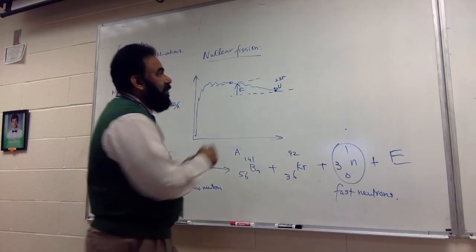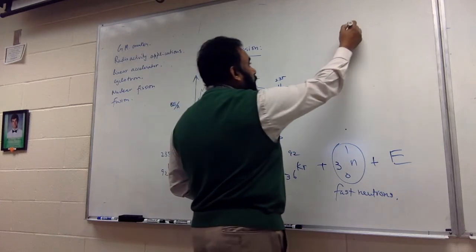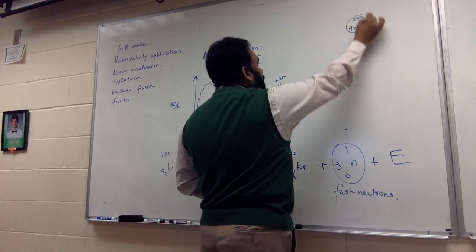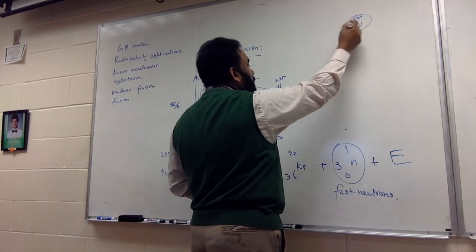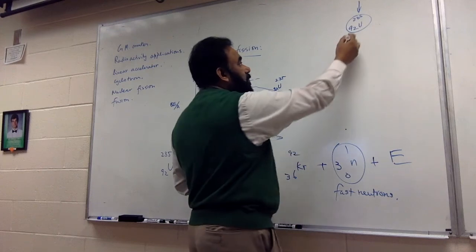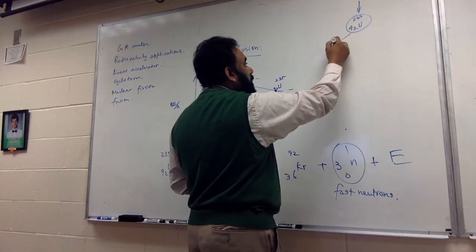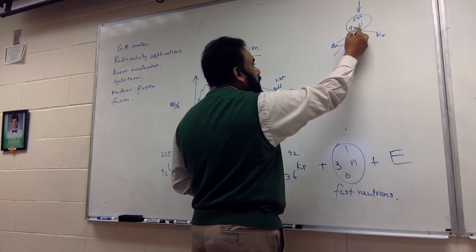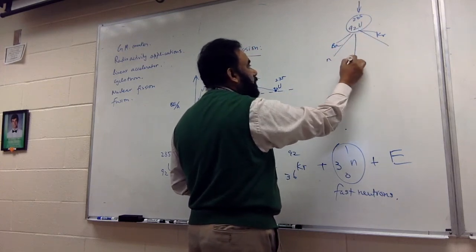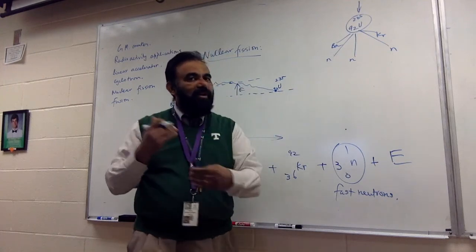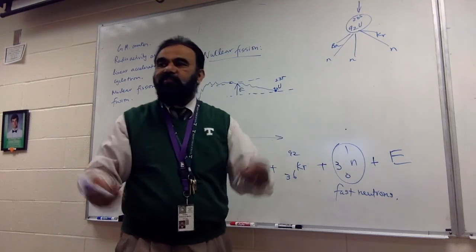So if this goes on, this is what happens. Uranium-235, when it is hit by a neutron, produces barium, krypton, but then it produces 3 neutrons. Now each of these 3 neutrons can be slowed down by using a moderator and then sent further.